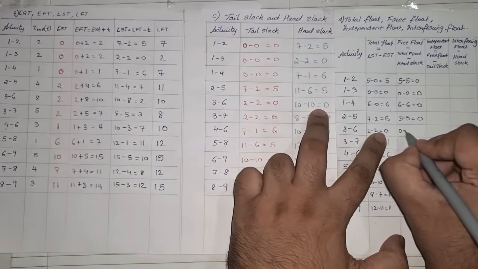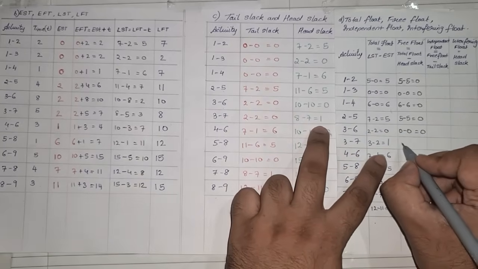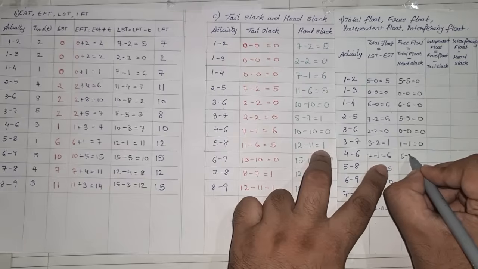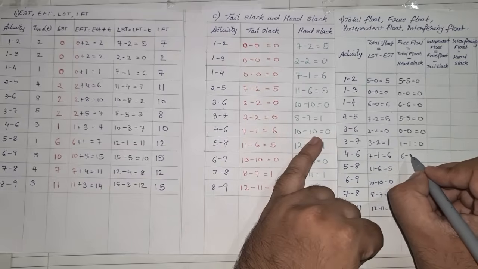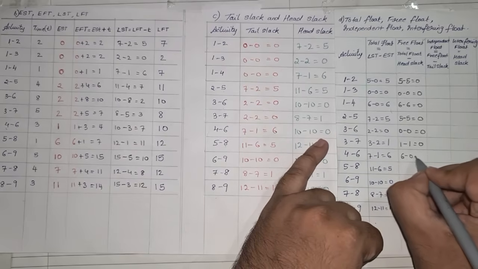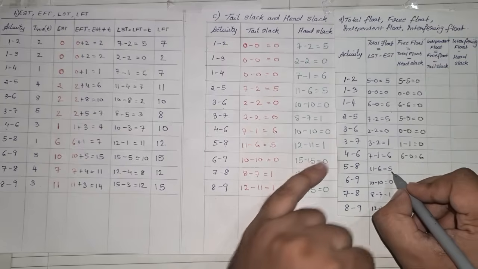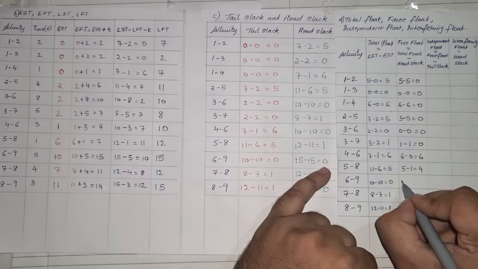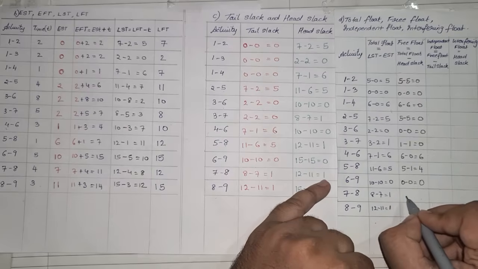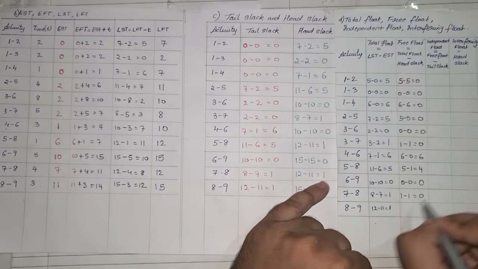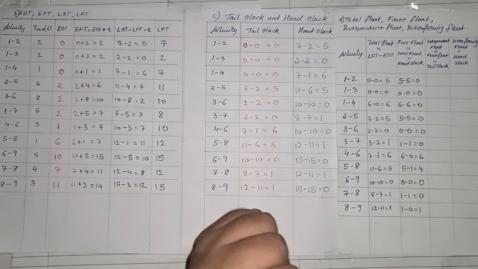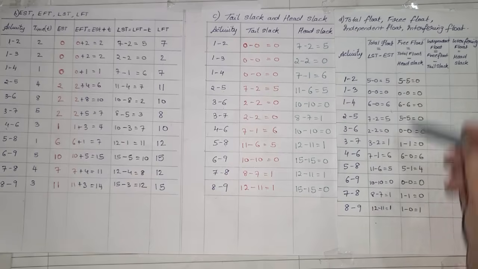The next is 0 minus 0, again 0. 1 minus 1, which is 0. 6 minus 0, which is 6. 5 minus 1, which is 4. 0 minus 0, which is 0. 1 minus 1, which is 0. And lastly, we have 1 minus 0, which is 1. Okay, so that is how you had to find the free float.